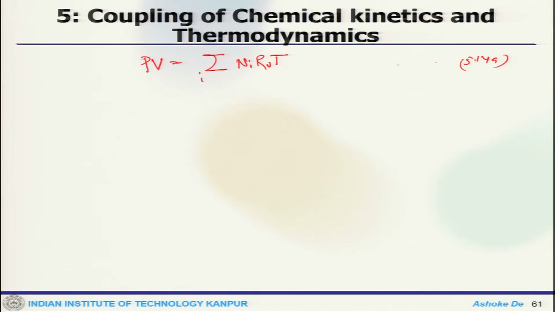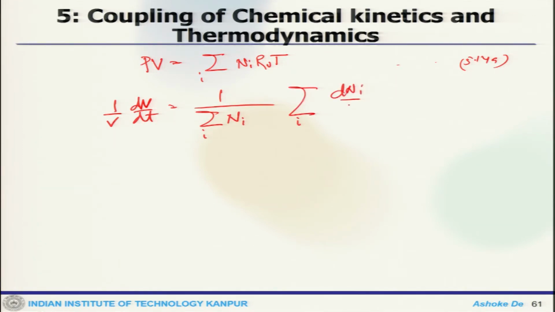So, if you differentiate this equation and rearrange, we get 1 by V dV/dt equals 1 by the summation over i of Ni times the summation over i of dNi/dt, plus 1 by T dT/dt. So, for this particular system pressure is constant.